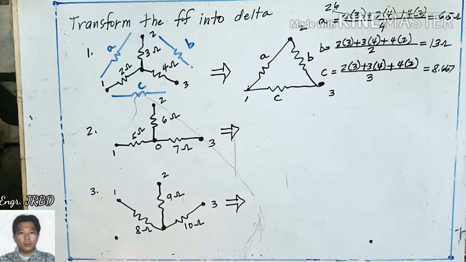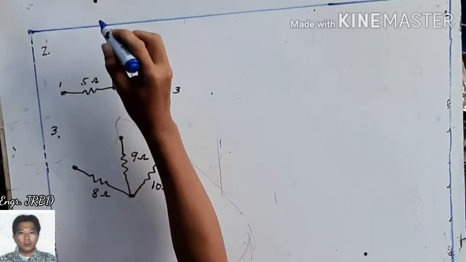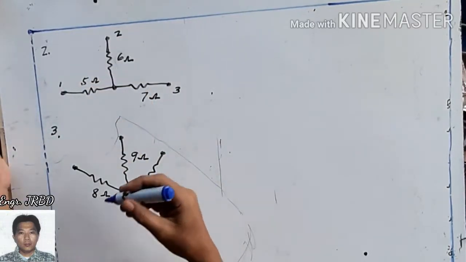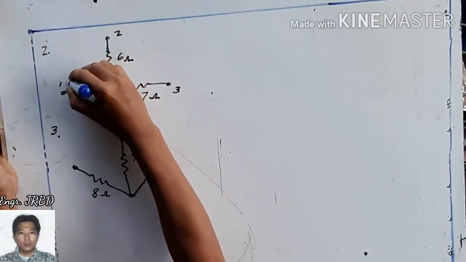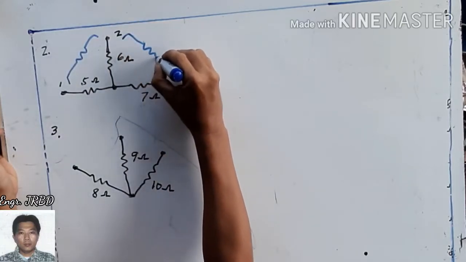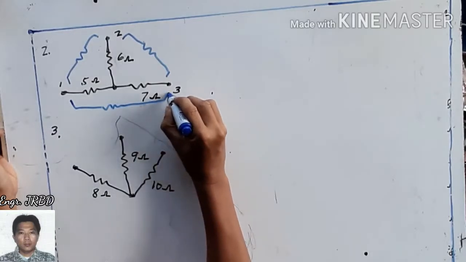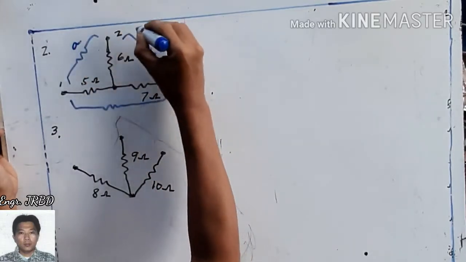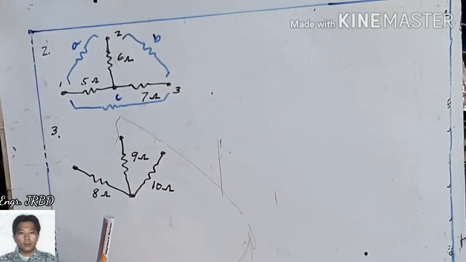How about in the second problem? Problem number 2. 5, 6, and 7 are in Y. So let us transform this into delta. Okay? Supposing that that is your A, B, and C. What is A?